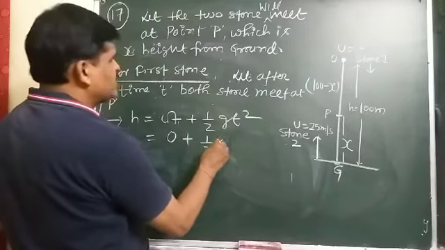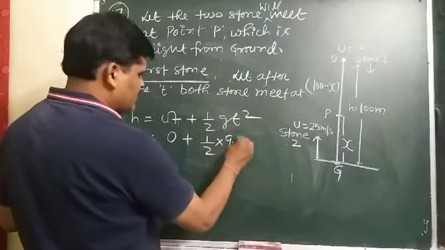After time t, with g as 9.8, that is half g t square.